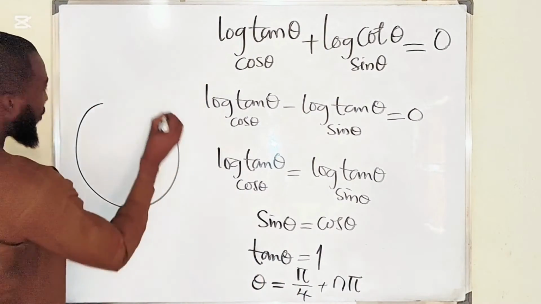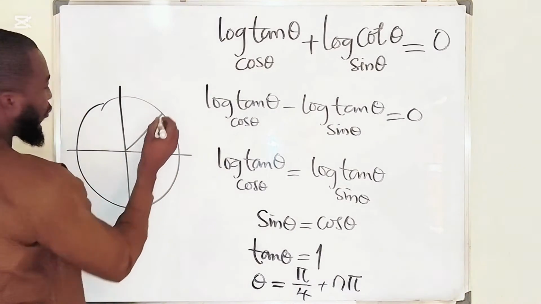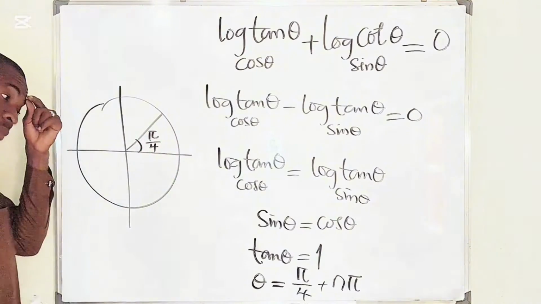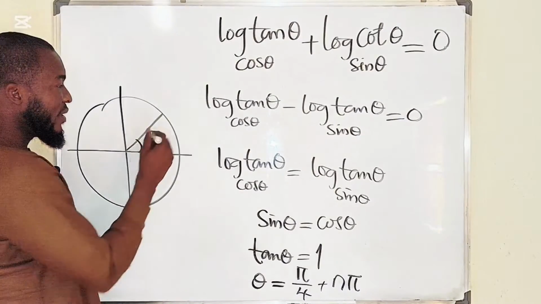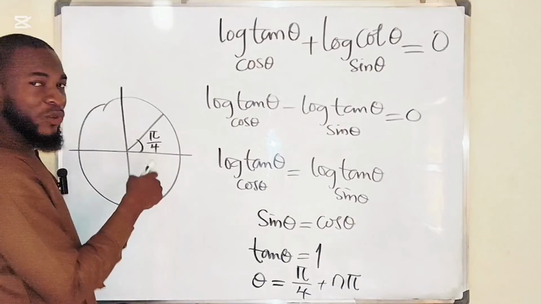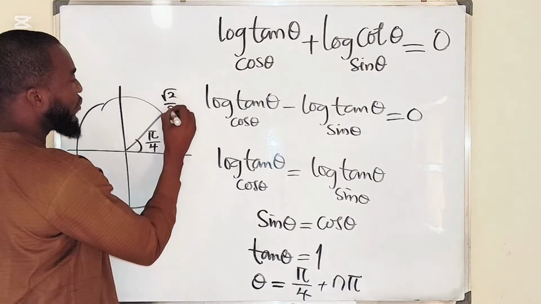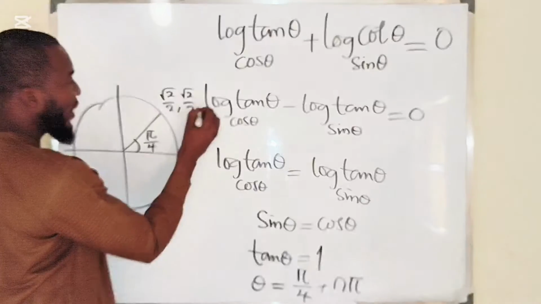If we have a unit circle here, this is where we have 45 degrees, pi over 4. Sine of 45 degrees is what? Root 2. Okay, let me start with cosine. Cosine of this will be root 2 divided by 2. And sine of this will be root 2 over 2 as well.